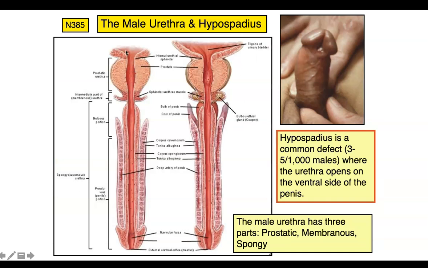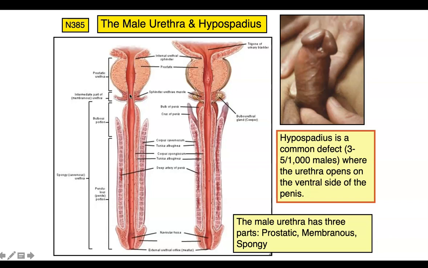So here in this illustration, you can see this is the internal urethral orifice, which is surrounded by the internal urethral sphincter muscle, which is a smooth muscle. And then this part of the urethra goes through the prostate, which is an endocrine gland, a male reproductive gland, which secretes prostatic fluid.